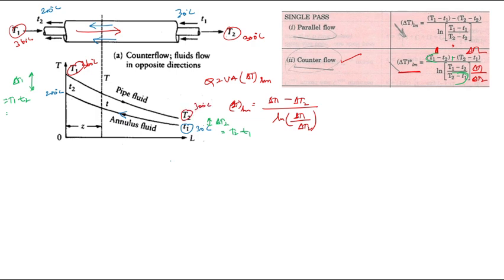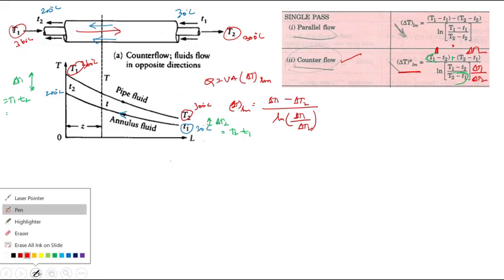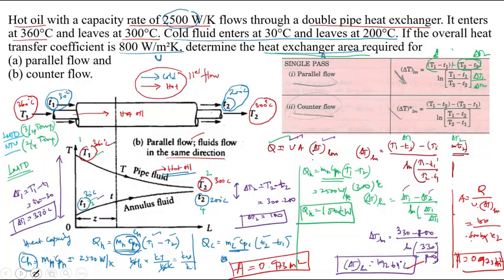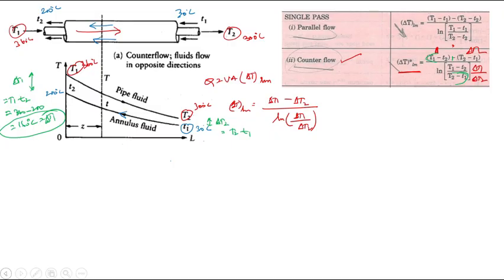Here the temperature T1 minus T2 is equal to 360 minus 200, which is equal to 160 degrees Celsius, so delta T1 is 160. In the previous case delta T1 was 330, but in this case delta T1 is equal to 160. Similarly we can write 300 minus 30, so delta T2 is equal to 270 degrees Celsius.